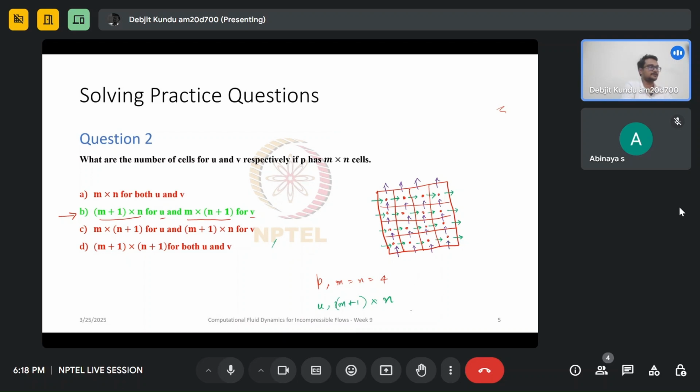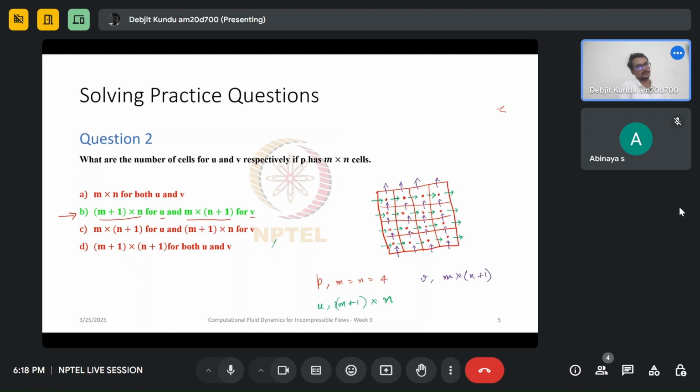So for v in the x direction, there are 4. So it's the same as p, so m. But in the y direction, there is 1 extra. So n plus 1 grid points.